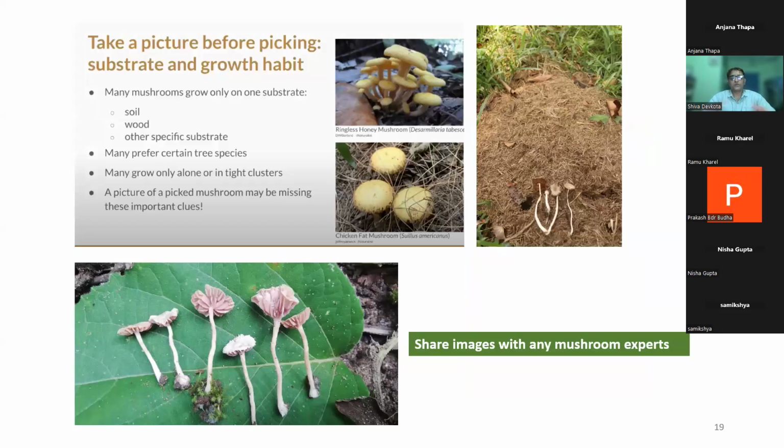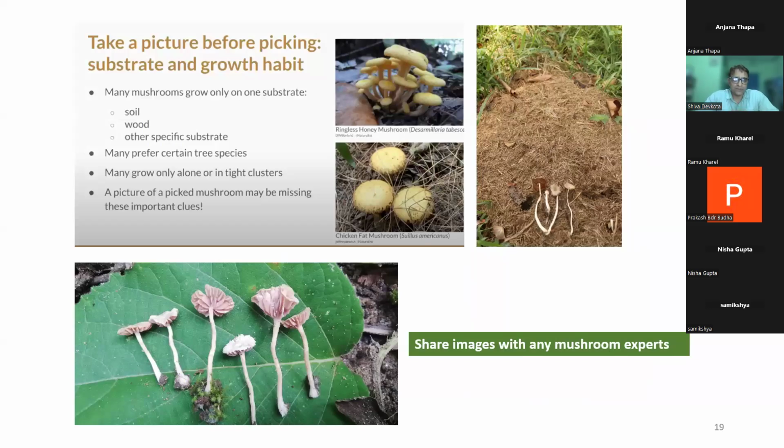And also, because we are in Nepal and we need to work in very remote areas and treat people there, it is not always the case that we know which mushrooms they have eaten.